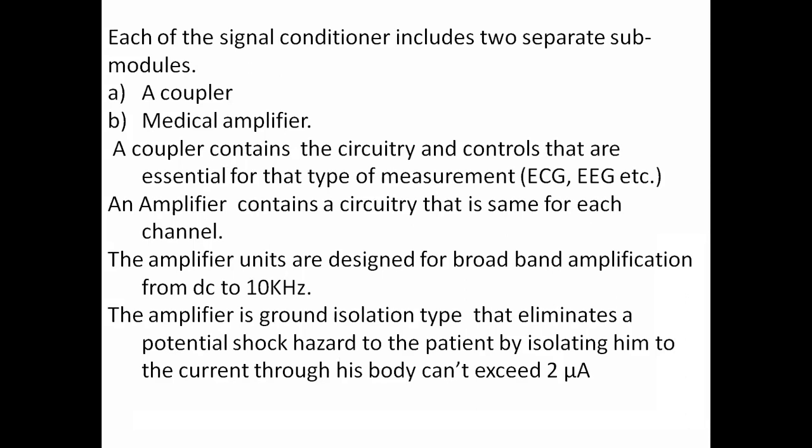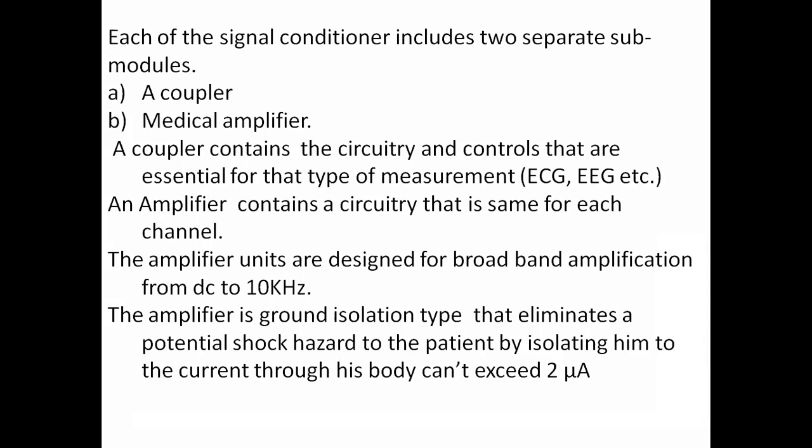When we connect this output to the strip chart recorder, we need a control for when it should be disconnected from the strip chart recorder. So the connecting circuitry and the control circuit will both be present in a coupler.